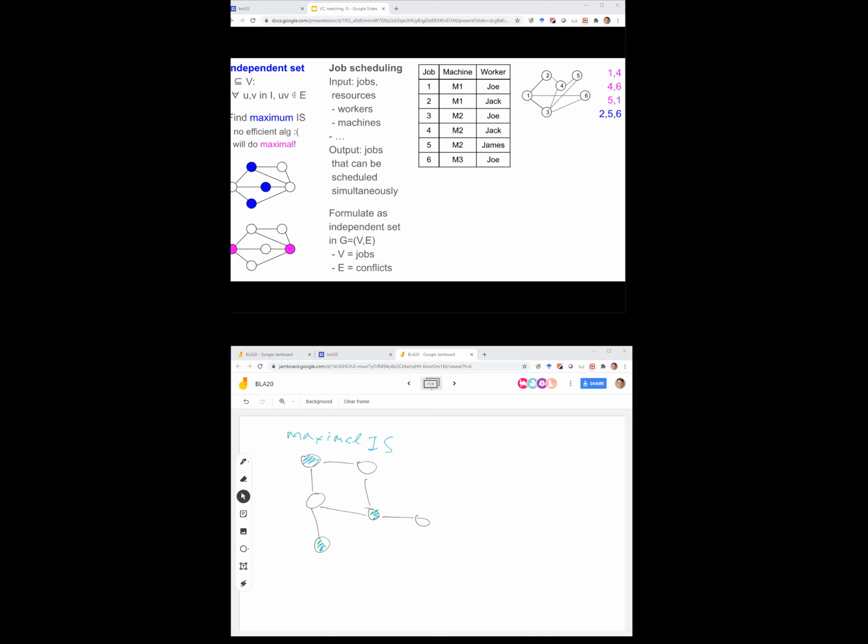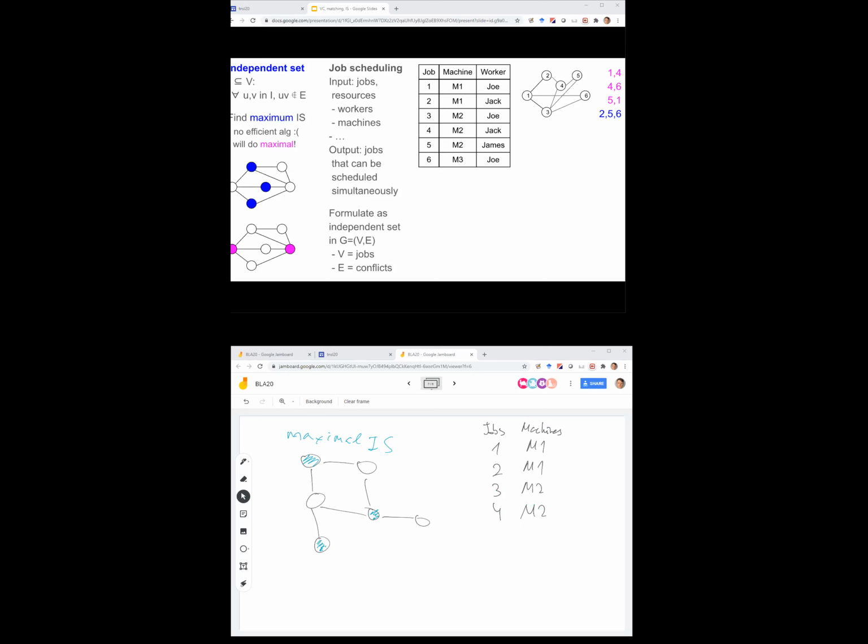And for the last example, an example of job scheduling, let's come up with some jobs. 1, 2, 3, 4. So these will be jobs. These will be machines. Maybe this is executed on machine 1, machine 1, machine 2, machine 2.